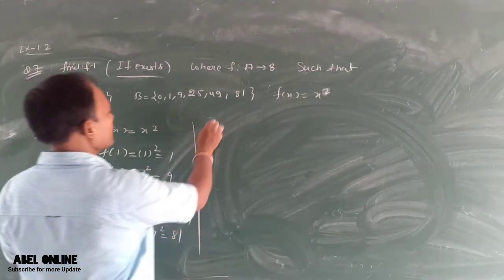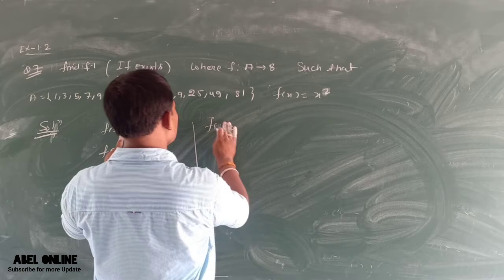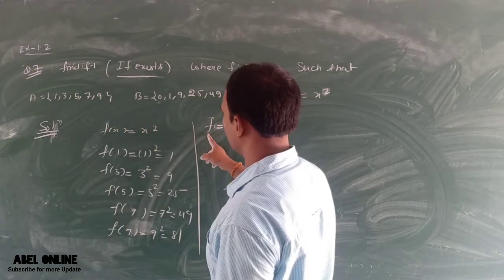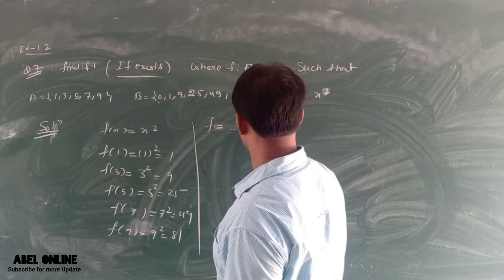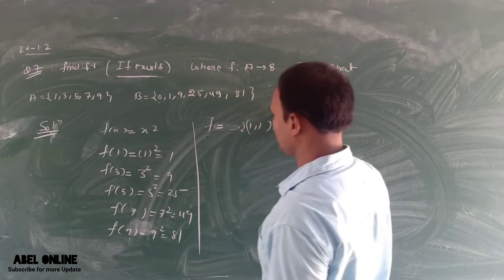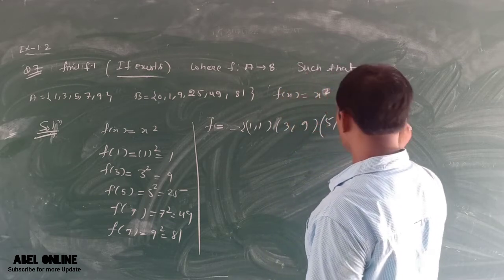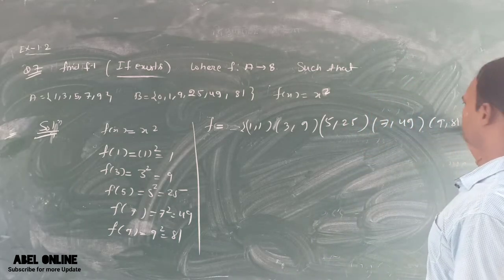So the value of function f is (1, 1), (3, 9), (5, 25), (7, 49) and (9, 81).